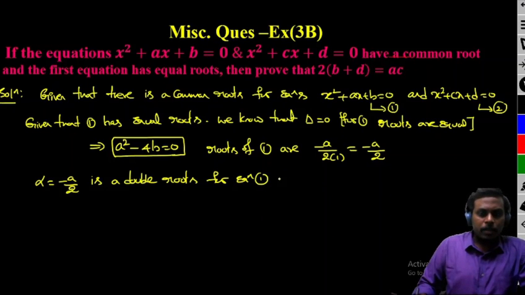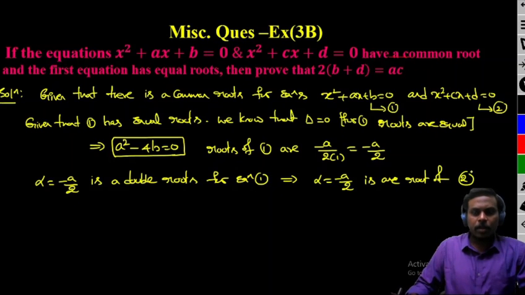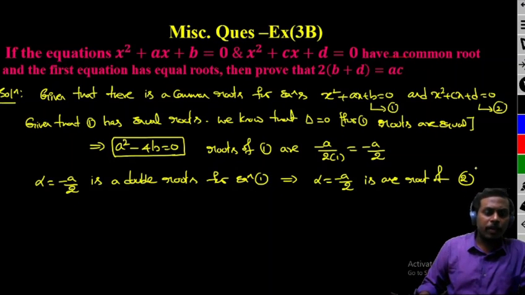So this implies alpha is equal to minus a by 2 is one root of equation 2, because there is a common root between 1 and 2.